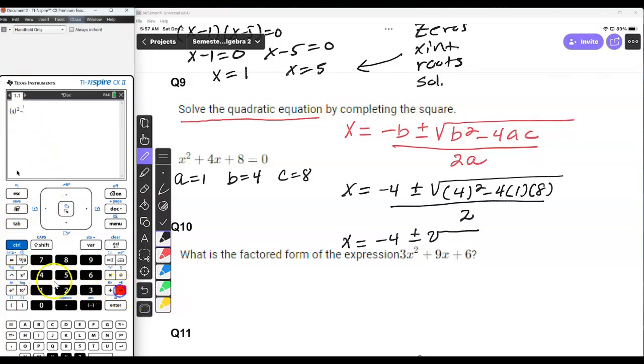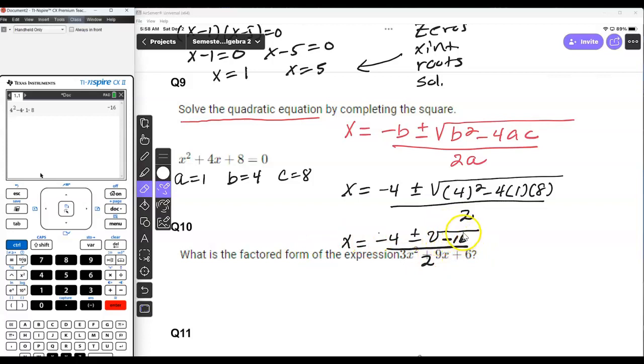4 squared minus 4 times 1 times 8. So you have negative 16. And then what you have to do is you have to divide this whole thing by 2. Now remember, we've been talking recently about complex numbers.